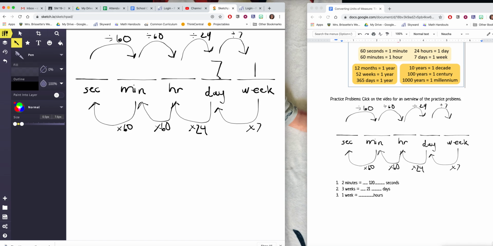Obviously 7 days in a week. Then to figure out how many hours are in 7 days, I multiply times 24. So 24 times 7, 28, 14 plus 2 is 16, 168 hours in 1 week.